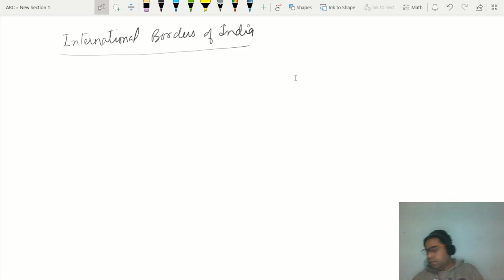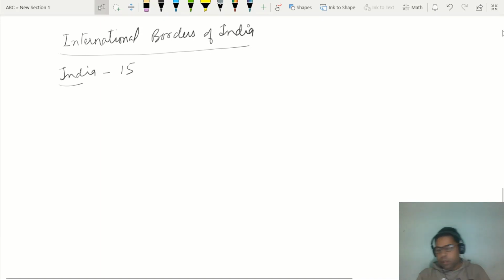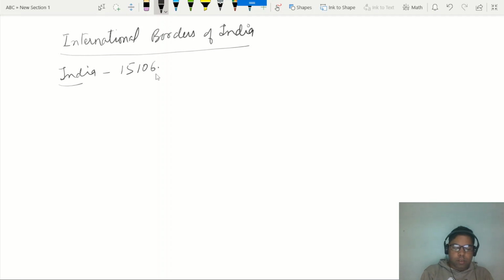So here India has total border length about 15,106.7 kilometer of land border.